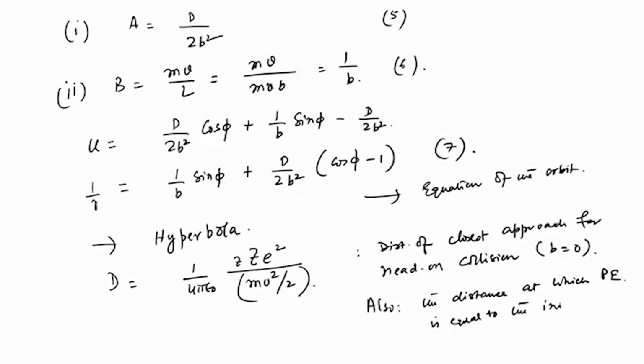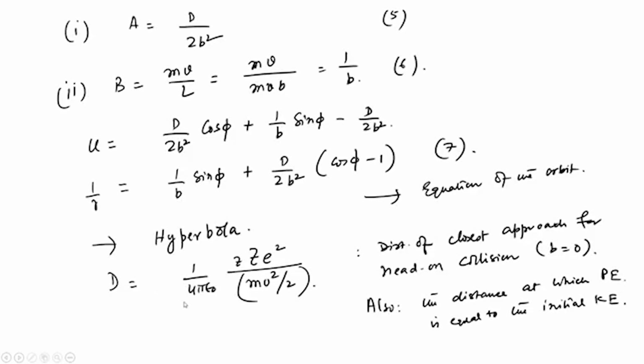So, initial kinetic energy, which is half m v square. Okay. So, it is easy to see, if you put d equal to r, that is what happens. Okay. Now, in this particular case the particle would stop because the potential energy and the kinetic energy would be same, and then it will reverse back towards the incoming direction.